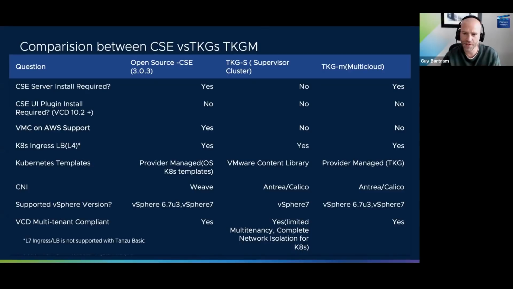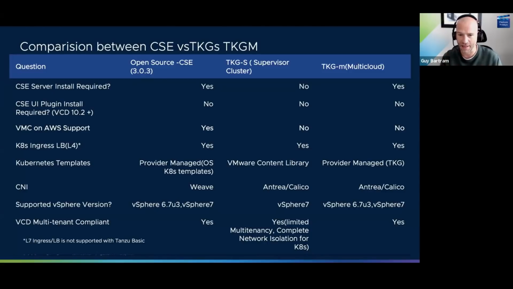Yeah, that's really important. So it seems to me that if you're a service provider and you've got some slightly older versions like 6.7U3 and you want to do TKG, you would need to use something like TKGM, but then the benefit is you don't have to worry about the network isolation because it's inherited with what you're using already.